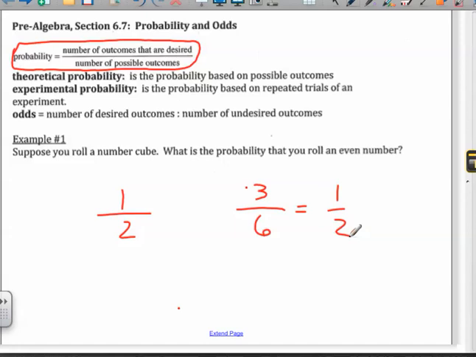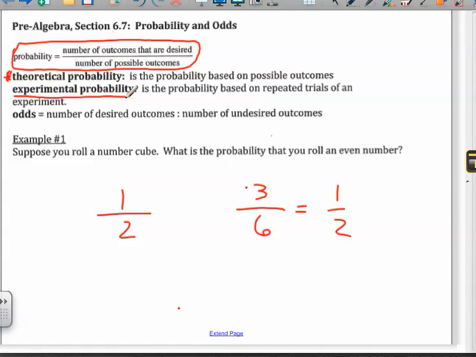Okay? Now, there are a couple of other things. We just did example 1, but there are some terms that I want in our heads. Guys, theoretical probability is what I just did with the number cube. Did I actually throw a number cube 20 times to see how many times I got even numbers? No. That is called experimental probability, when I actually did it.